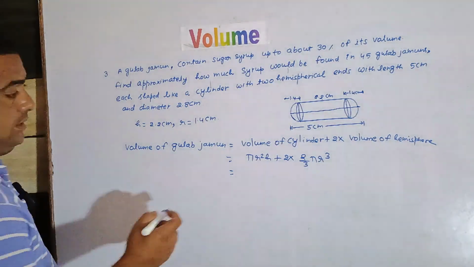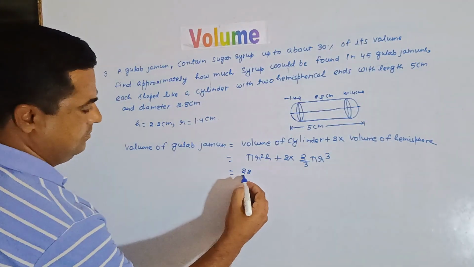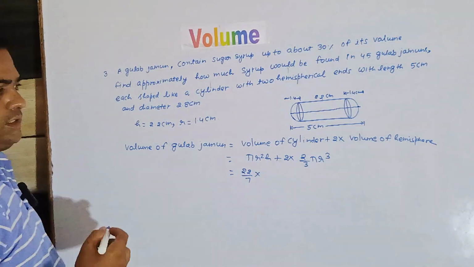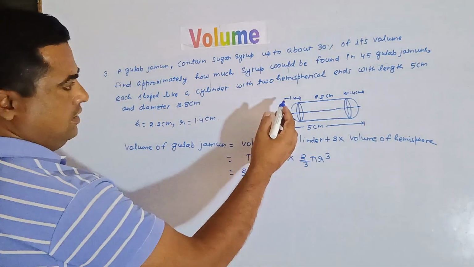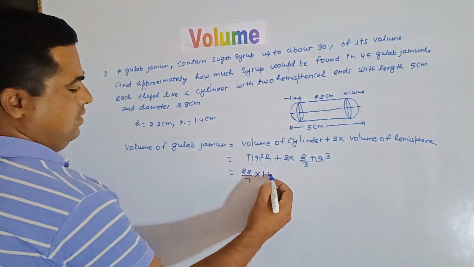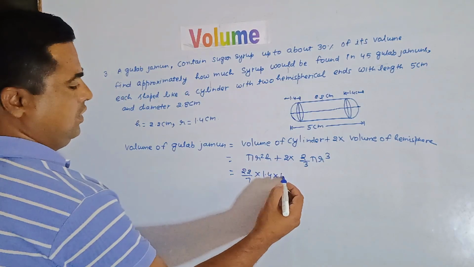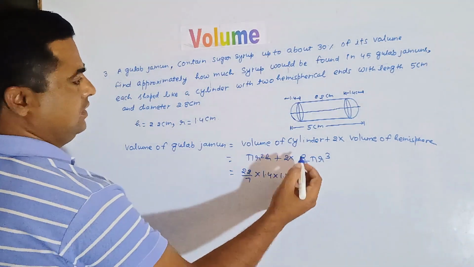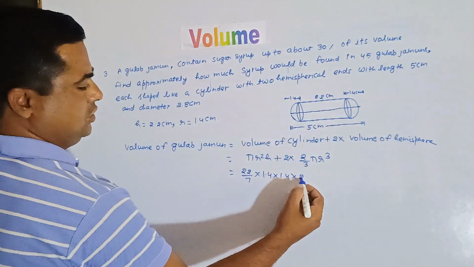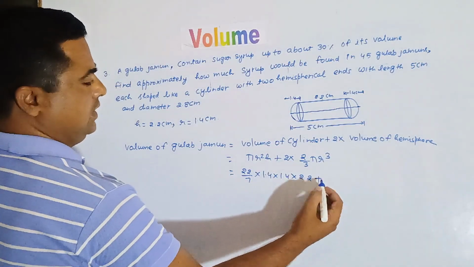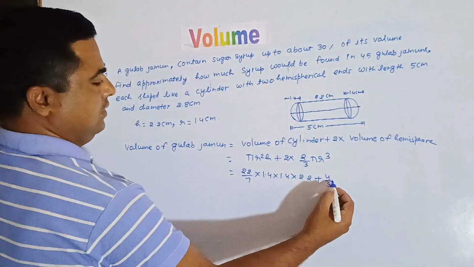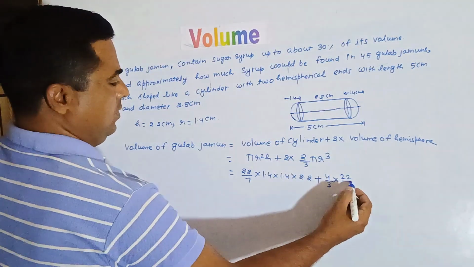What is the value of pi? This is 22 by 7. And what is the radius? The radius is 1.4. We have the square, so 1.4 into 1.4 into the height of the cylindrical part, this is 2.2, plus 2 into 4 by 3, and the value of pi is 22 by 7.